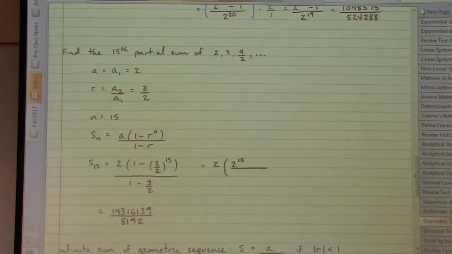Down on the bottom, a 2 power of 15. So this would give us our number 1 from inside of that first set of parentheses, minus, well, the second fraction already has that 2 power of 15 in the denominator, but in the numerator, 3 power of 15.